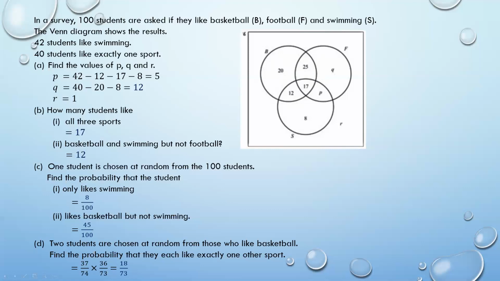So your total becomes 73, and you still want to choose someone who likes exactly one other sport. That means of the 37 students, since you already picked one, only 36 are left. So 36 out of 73, because that person is already outside. Then you multiply these two to get the final answer.